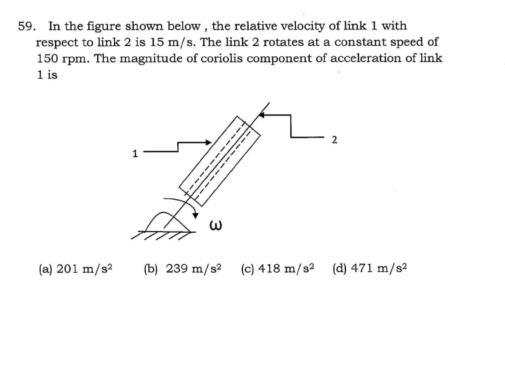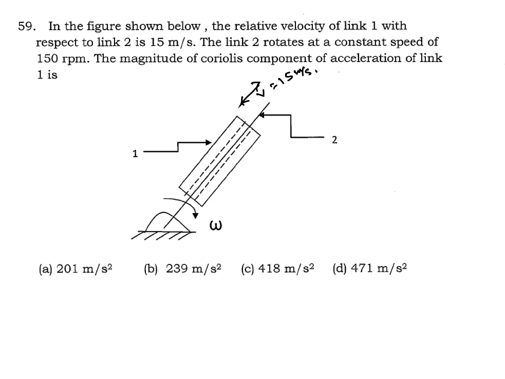Relative velocity v is 15 meter per second and link 2 rotates at a constant speed of, here n equal to 150 rpm, constant speed.